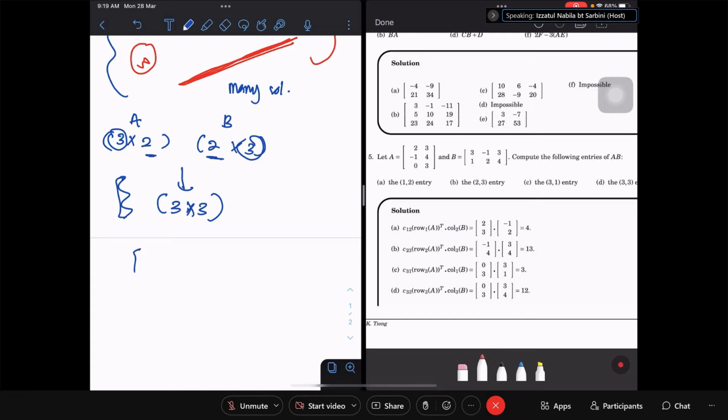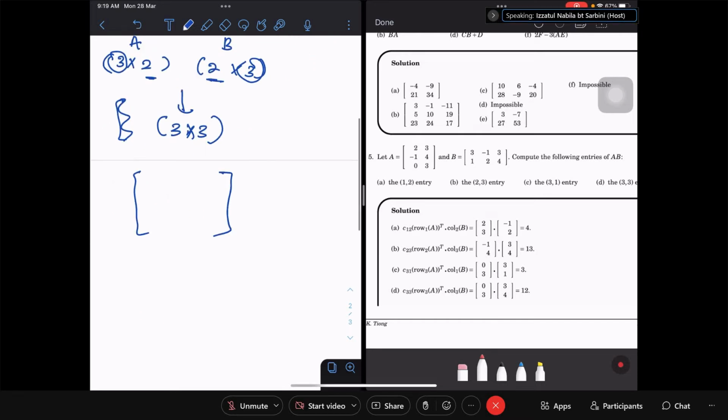So you're going to have a 3 by 3 matrix when you multiply A and B. So you have the entries 11, 12, 13, 21, 22, 23, 31, 32, 33. So the 11, 12, 13, that is the position of the entry.